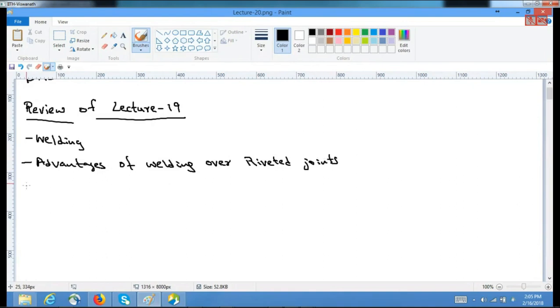Welding can also be used as an alternate for casting or forging.